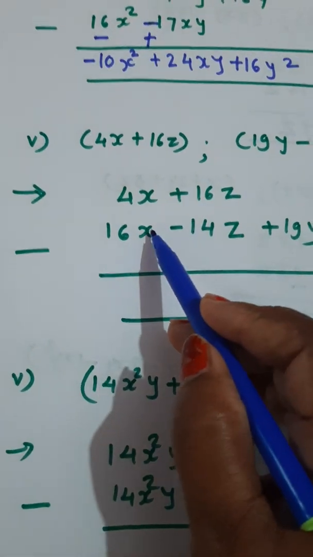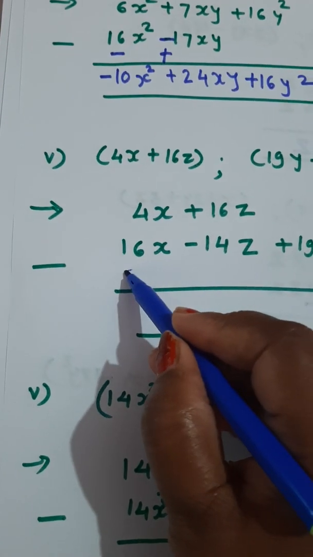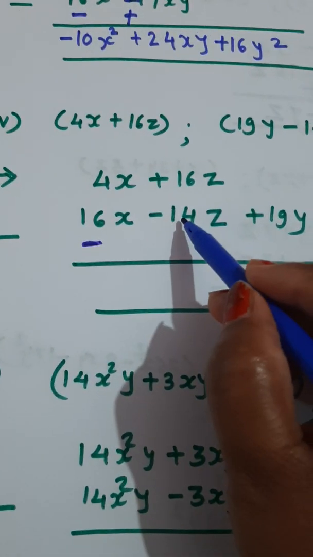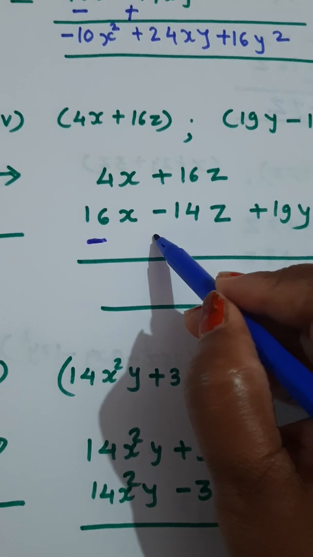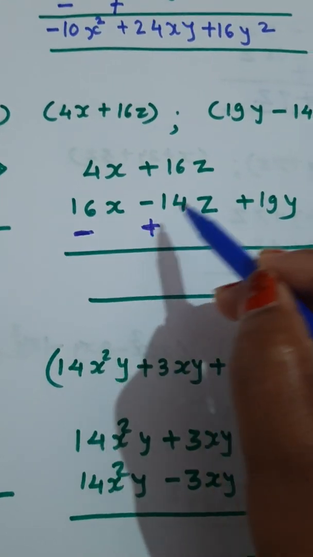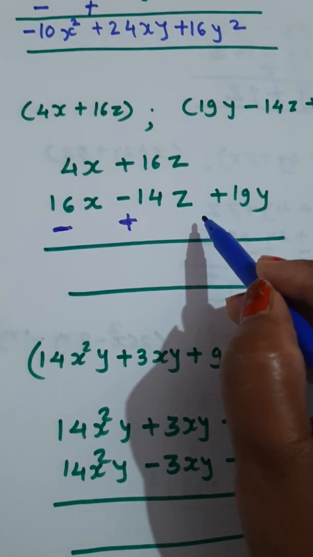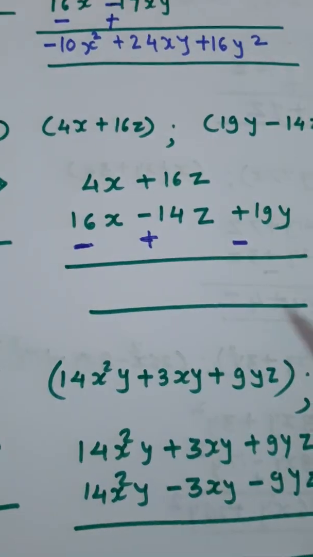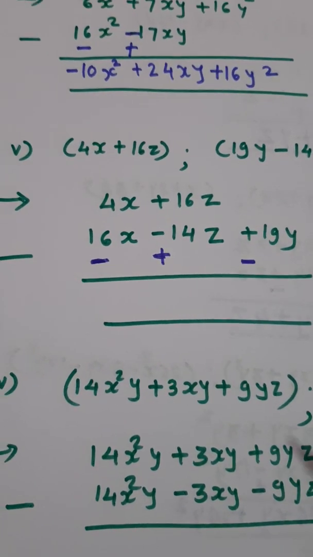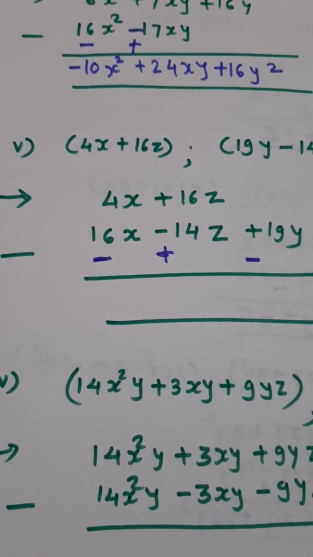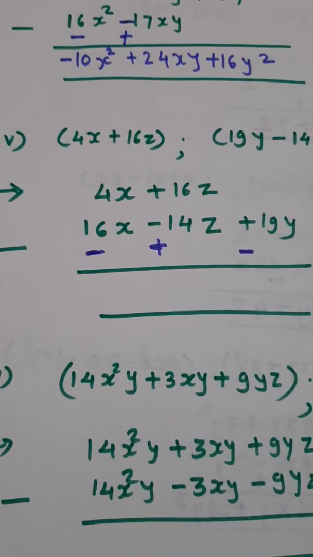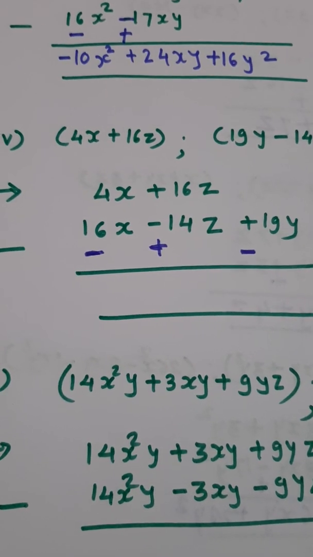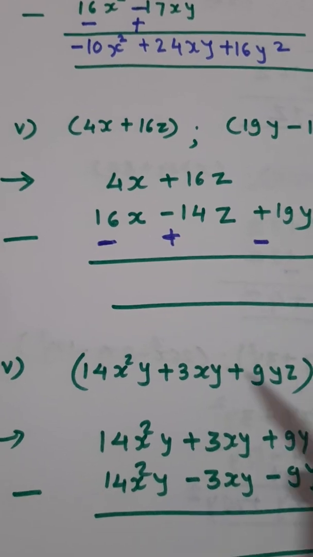This 16x is positive, so it becomes negative. This 14z is negative, so it becomes positive. And this 19y is positive, so it becomes negative. So don't forget to change the signs of every term of the second algebraic expression.